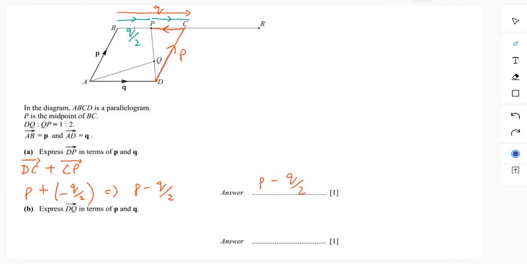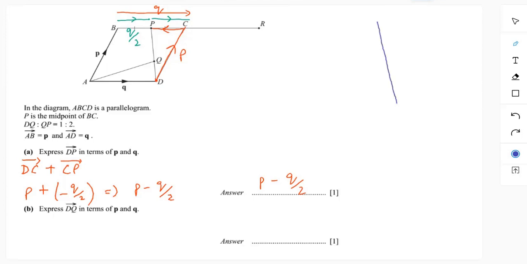इसने आपको एक रेशियो दी हुई है. DQ ratio QP is 1:2. Okay. Now this is where that is going to come into play. Now let's think of how we're going to make use of these ratios. Ratios को किस तरह से use करेंगे? यहाँ पे आपको साइड बना के बताता हूँ.